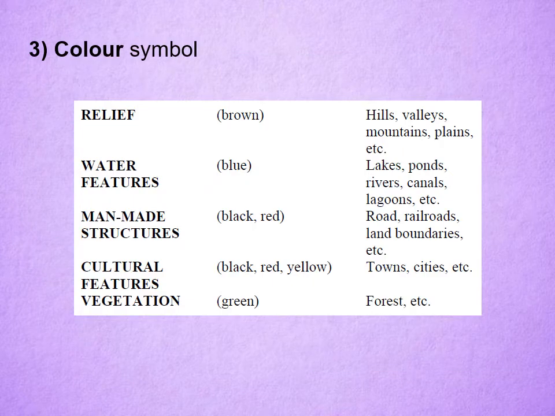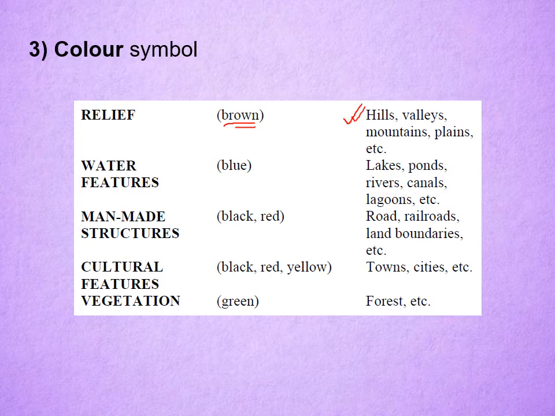Now in the contour map, apart from the contour lines, apart from the benchmarks or spot elevations, there are different colors observed in the contour map, and these colors indicate different features, different objects within the given area. Say for example, whenever we see the color brown in different shades, we identify them as the higher altitude portions of those areas.